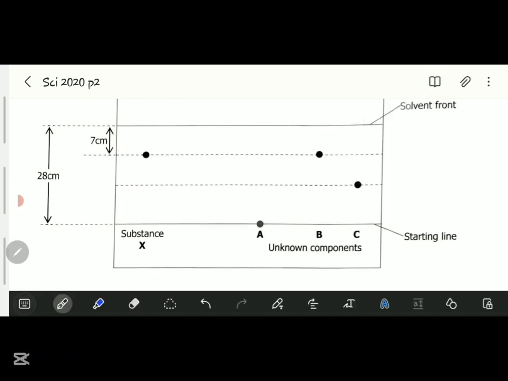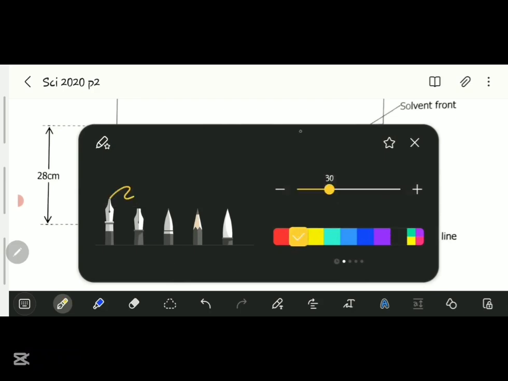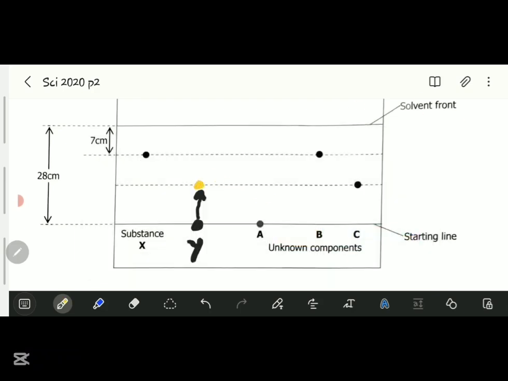Let's take for example that we had another substance here, let's say Y. If Y was initially here, and after some time Y moves to that position, we then look for a dot which is in the same line as Y. Y has moved from its initial position to there.